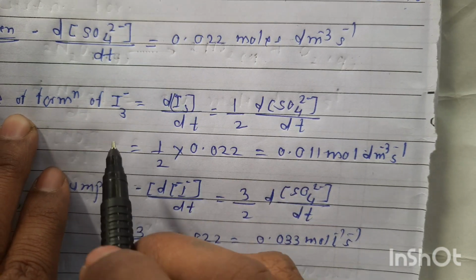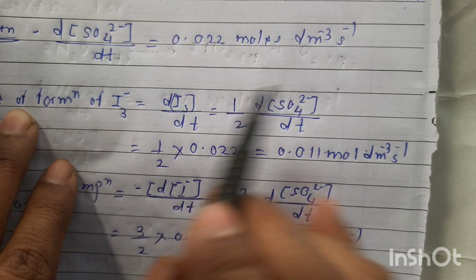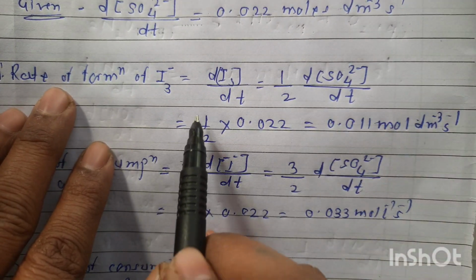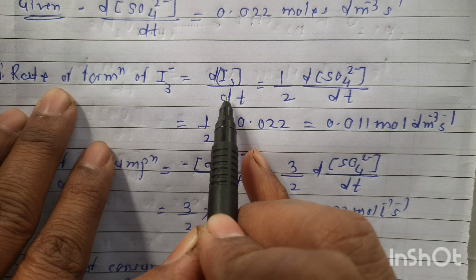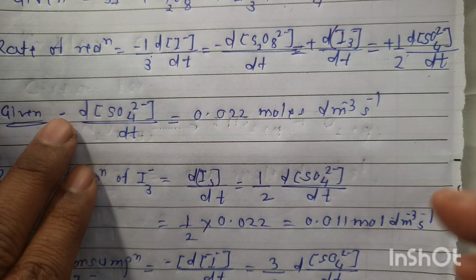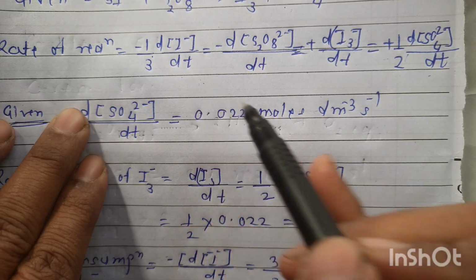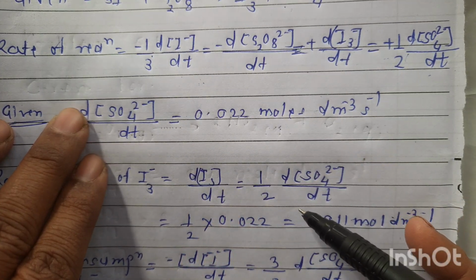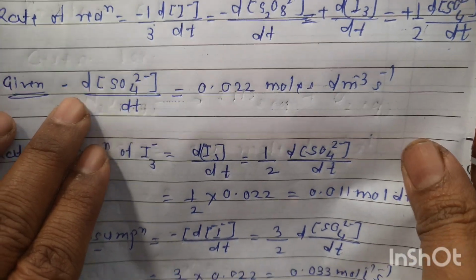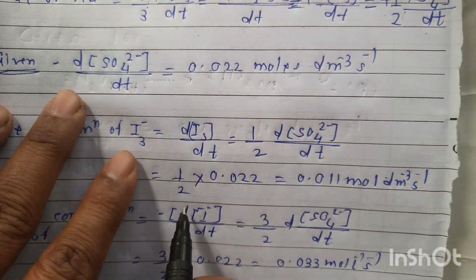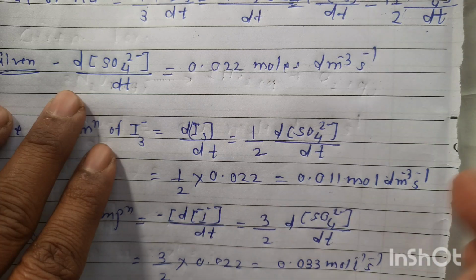So let us calculate all these things one by one. The rate of formation of I3 minus: from this equation we can write d I3 minus by dt is equal to half of d of SO4 2 minus by dt, and substituting the value, you will get this answer, right?